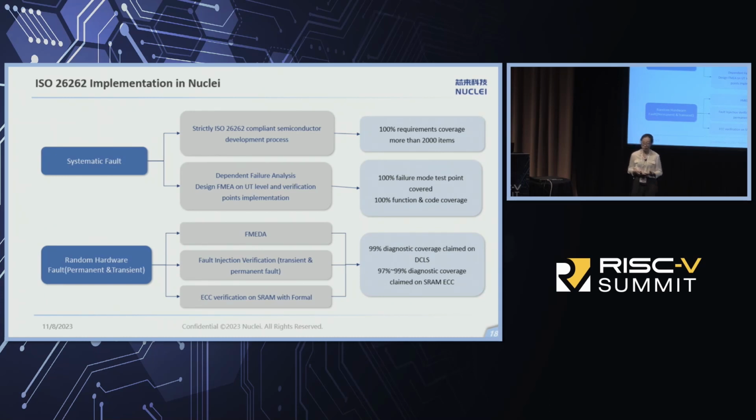That's why we have achieved 100% failure test point coverage and also 100% function coverage and code coverage. On the random hardware fault side, including permanent and transient, through functional verification and fault verification, we achieve 99% diagnostic coverage claimed on the dual core lockstep side, and also 97 to 99% coverage on the SRAM ECC side.